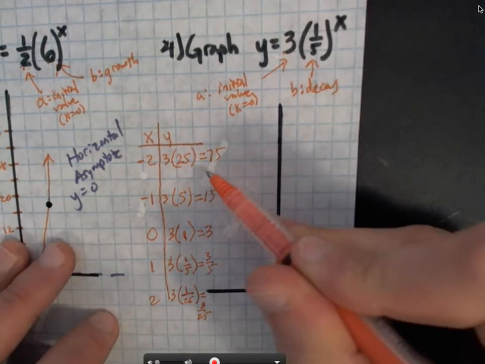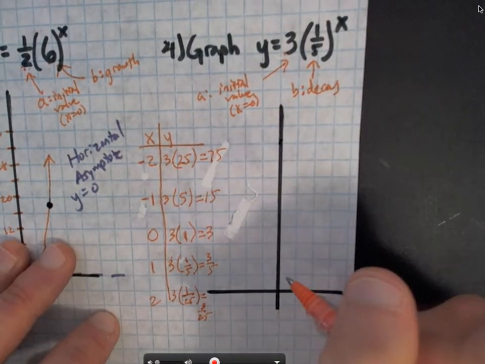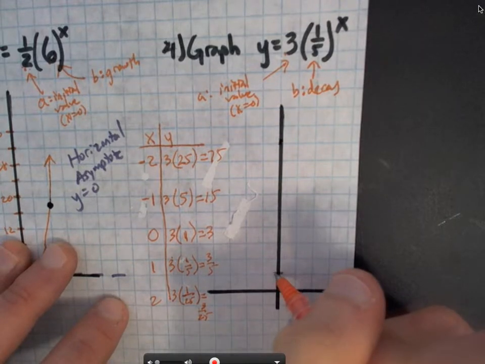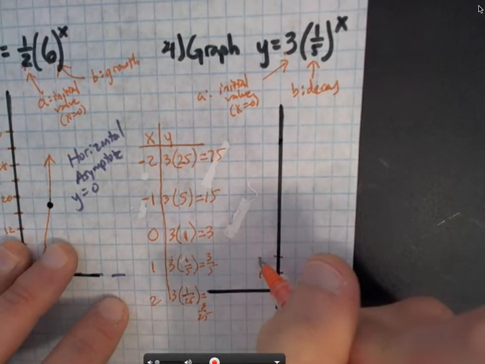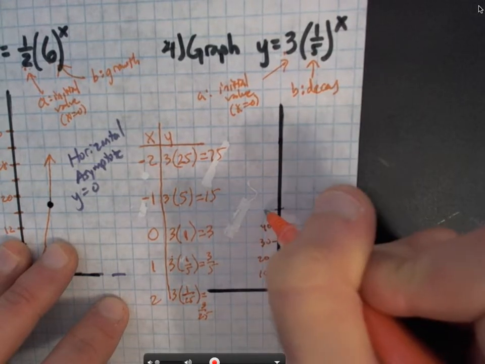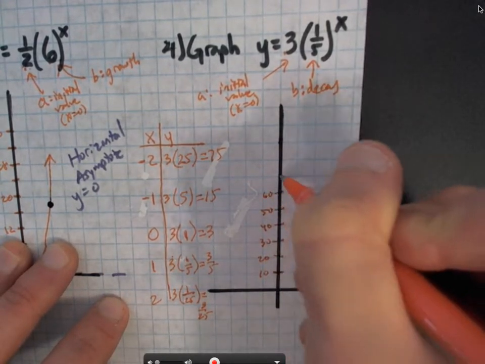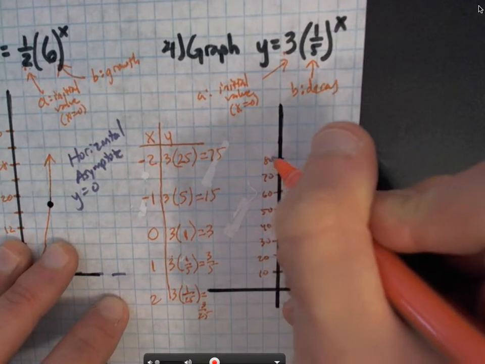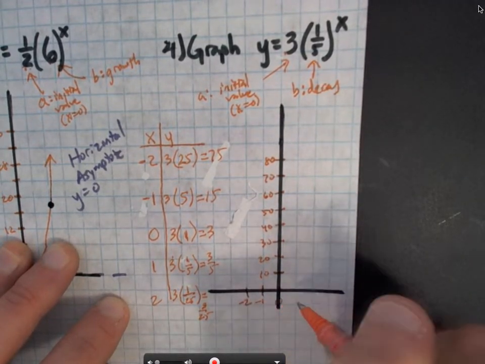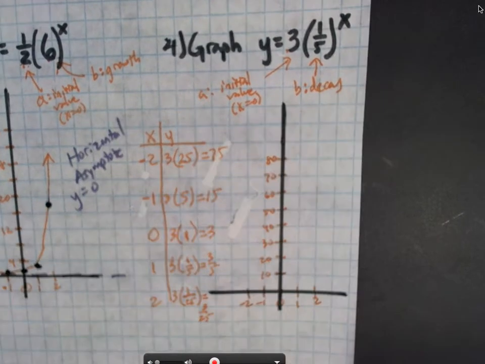Okay, so we can tell we have to get up to 75 here, so why don't we go by tens: 10, 20, 30, 40, 50, 60, 70, 80, and we'll still do the same scale here, -2, -1, 0, 1, and 2.